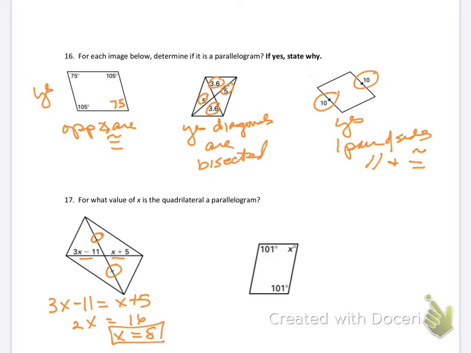Okay, so if x is 8, that makes that a parallelogram. Okay, what about the next one? If you can have consecutive angles here, that's going to make x equal to 79. So as long as I have x equal to 79, I'm going to have a parallelogram.